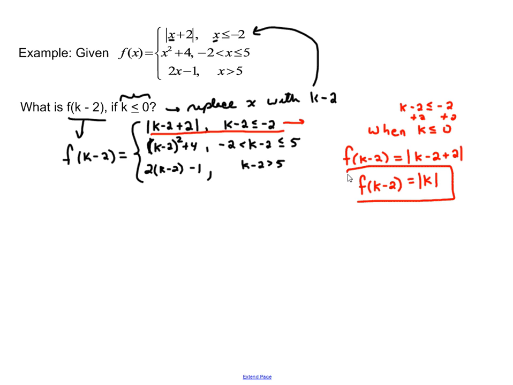And that's what I was looking for. That's it. All we're really doing is looking to replace that. Now we could rewrite the entire rest of this function with k minus 2 and simplify it all out if we wanted to. But at this point, we've answered the question of what f of k minus 2 looks like whenever k is less than or equal to 0. And so we're done.